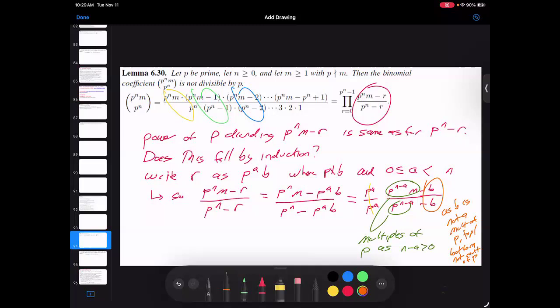So this was one of the key ingredients in one of the proofs of the Sylow theorems. As a good exercise, try to prove this by induction. And maybe there's good ways to just group things. And if you know that it works for a given m, well, what would happen if you had m plus 1?